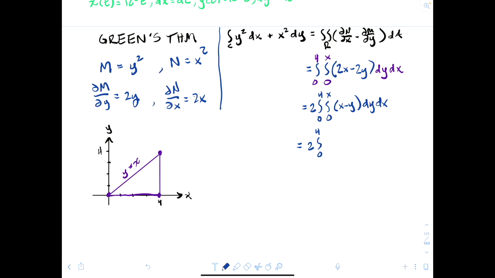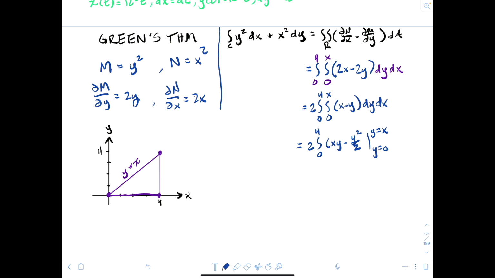Okay, so integrating, we'll have the quantity x times y minus y squared over 2, and that's going from y is 0 to y is x. Cool so far?